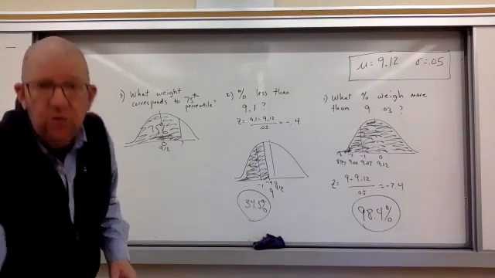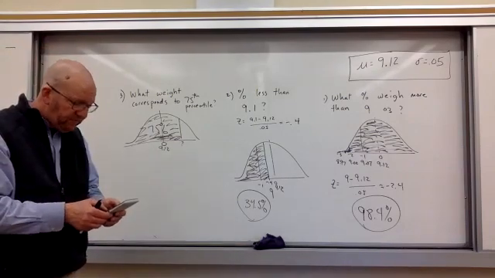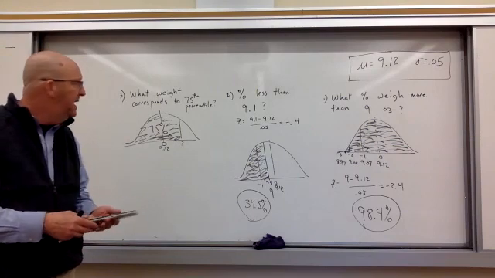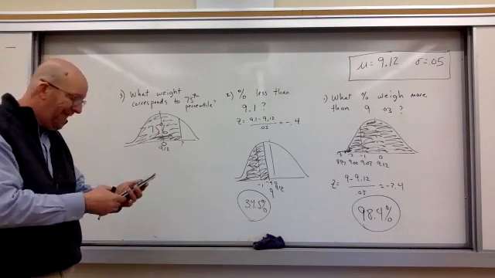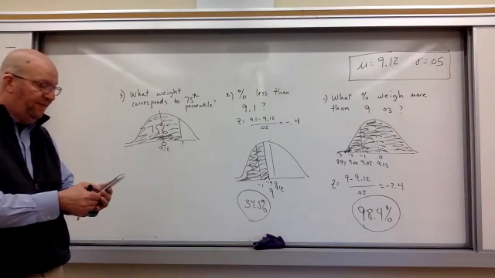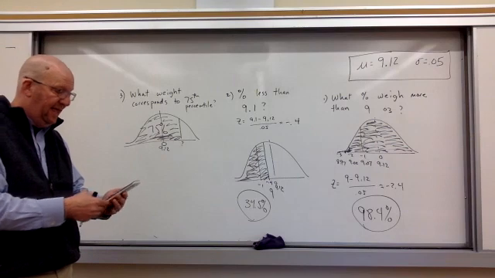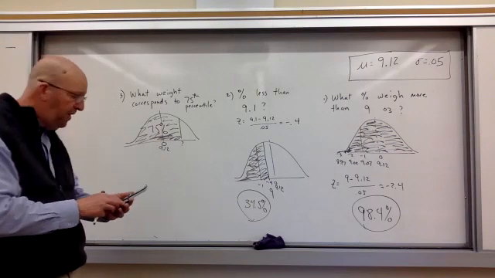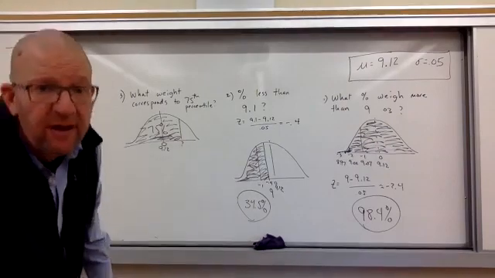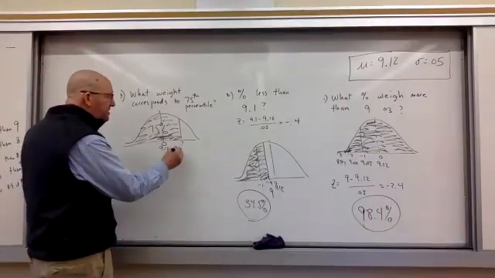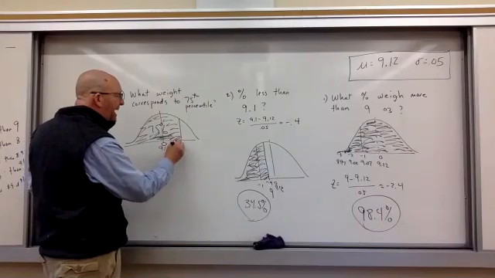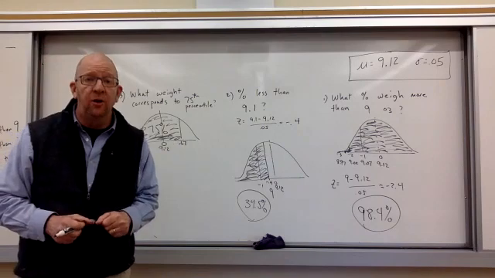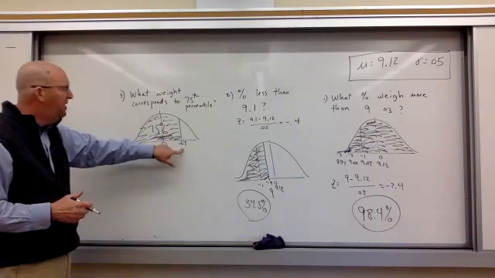You can do that on your calculator, second vars, and we're going to go inverse norm. Now I want the area to the left, 0.75. And what this gives me is a z-value of 0.67. So your calculator spits that out. And again, I'm going to show you how to do this in another video and in a document on your page.